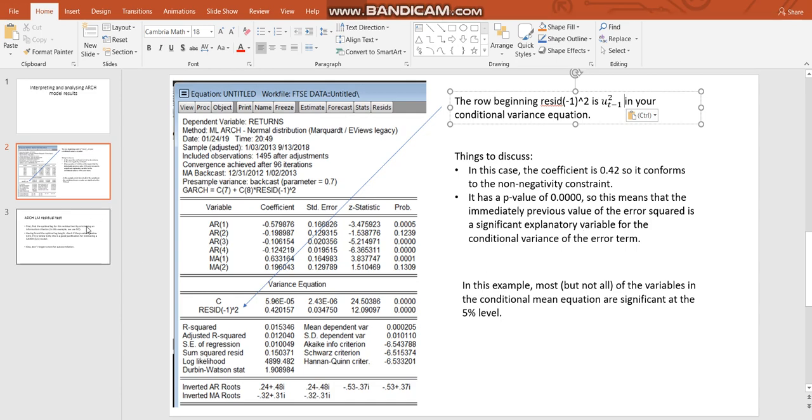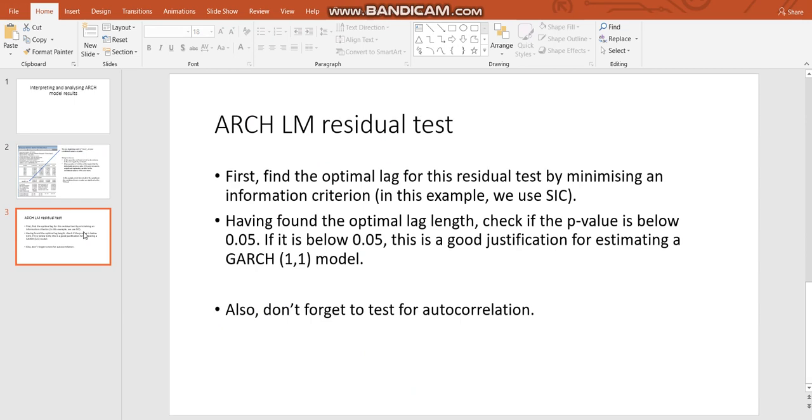And so after that, just make sure, after you've estimated your arch model, make sure that you've done your residual tests, and your model will probably suffer from autocorrelation as well as exhibiting arch effects, but that's okay.